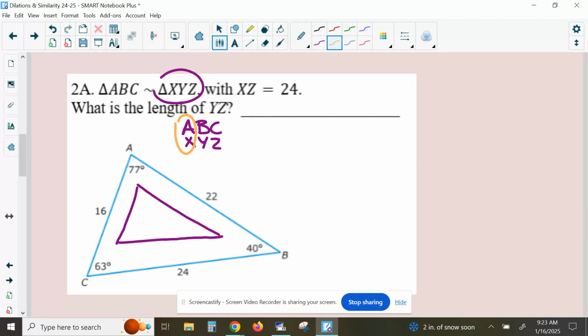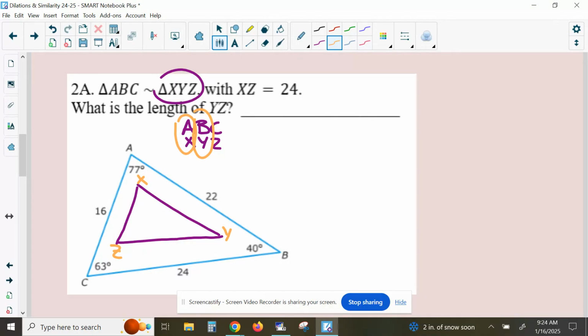It's up at the top, so that means this top one is going to be X. So label it X. Okay, the next part here. B matches Y, right? So where's the B at? Bottom right. So that means our Y has to be bottom right. And that makes our C be matched up with Z. And that way it's super easy to not get them mixed up, right?